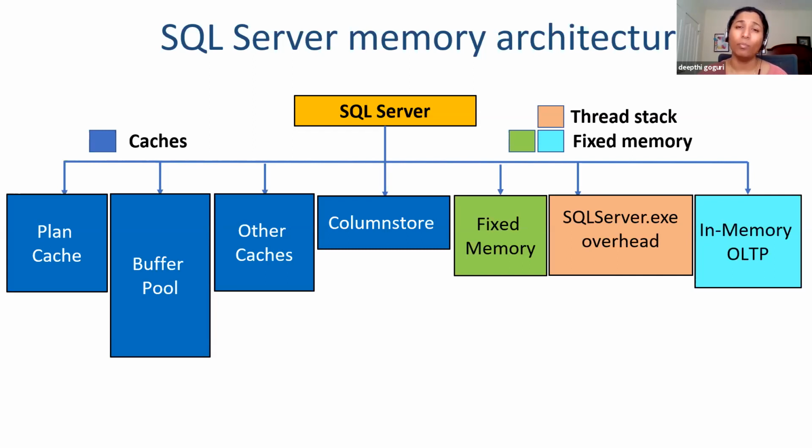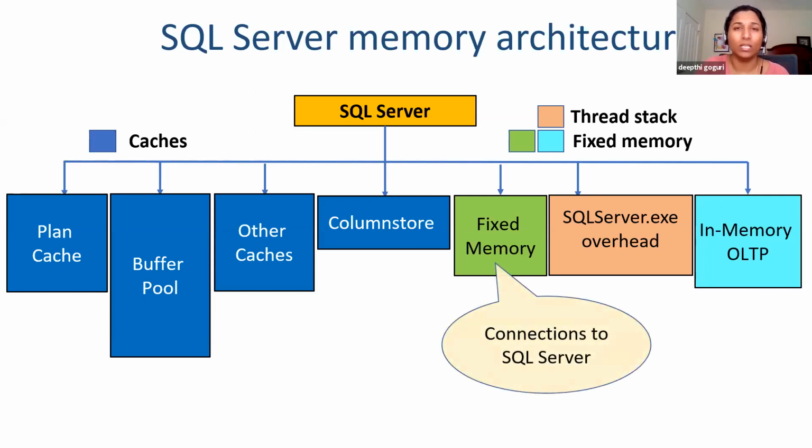But what about the fixed memory you are seeing in the green color? Fixed memory is known as fixed because it cannot be expanded and shrunk when there is memory pressure. What kind of things will be saved inside this fixed memory? The connections to the SQL Server, for example the memory grant connections, which we use for the hashes and sorts for our queries, are stored inside the fixed memory.